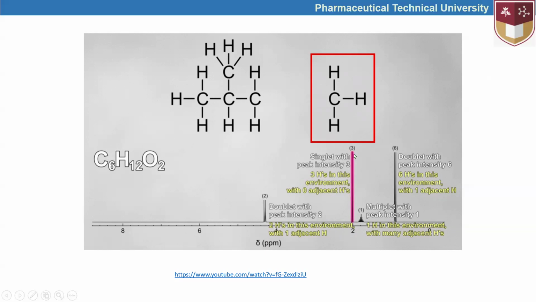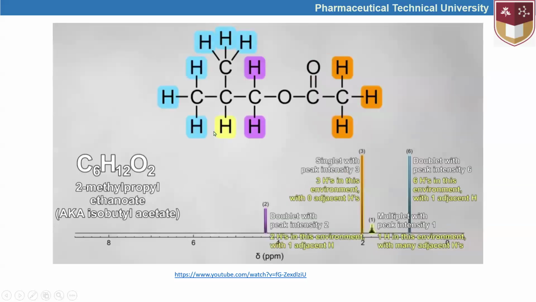Why is it like that? Because it's singlet. Singlet does not have any neighboring hydrogen. Okay, so the methyl group belongs to this one, and we talked that this peak belongs to this hydrogen. Okay, next, and the methine belongs to this one, as we said, and the methyl group belongs to this one, and here we have doublet.